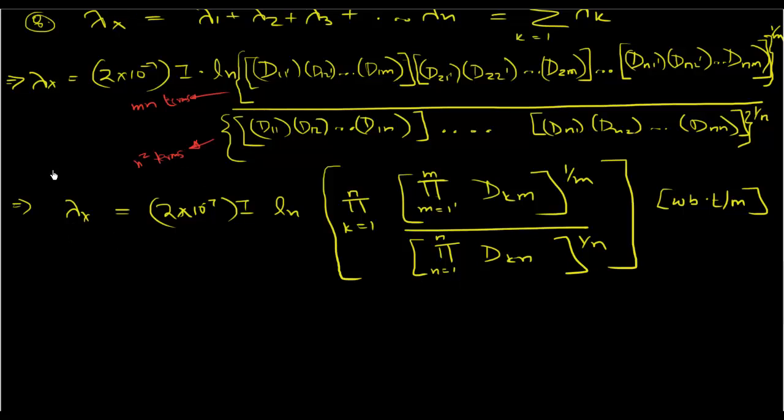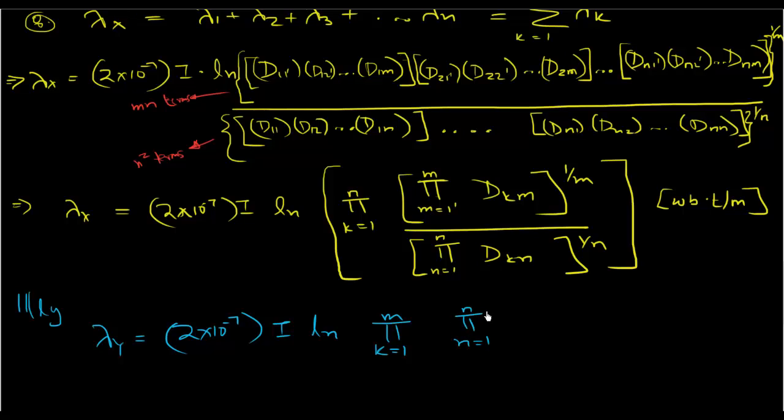Similar to how we got lambda x, we can also get lambda y, which is going to be 2 into 10 to the power minus 7 times I ln of, you'll have your product function again, k going from 1 to m this time, and in your numerator you're going to have n equal to 1 to n. Remember, in the earlier case it was distances from all the strands from x to y.